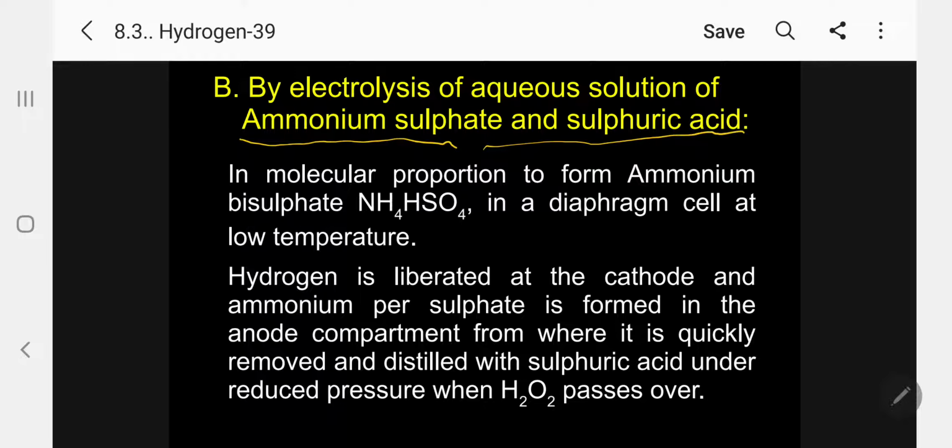By electrolysis of an aqueous solution of ammonium sulfate and sulfuric acid in molecular proportion to form ammonium bisulfate in a diaphragm cell at low temperature, hydrogen is liberated at the cathode and ammonium persulfate is formed in the anode compartment, from where it is quickly removed and distilled with dilute sulfuric acid under reduced pressure, when hydrogen peroxide passes over.